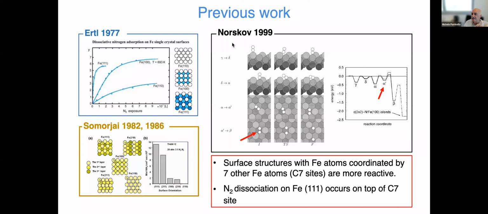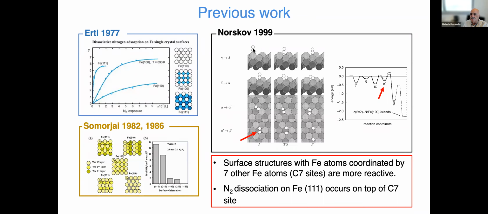He has studied the adsorption, the first step of the reaction, so the N2 molecule that comes down on the surface and then splits. What he did, he identified different adsorption sites. So the nitrogen flies down to the surface and can sit on top.